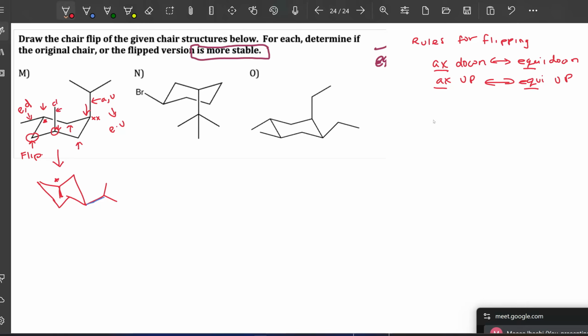This CH3 is what? Axial up. This bond is going to be parallel to one other bond. This one is parallel to this, and that's where the CH3 goes. Not backwards, because you already have an equatorial here. You have an equatorial here, so the other equatorial will be here because the axial is going to be down here.